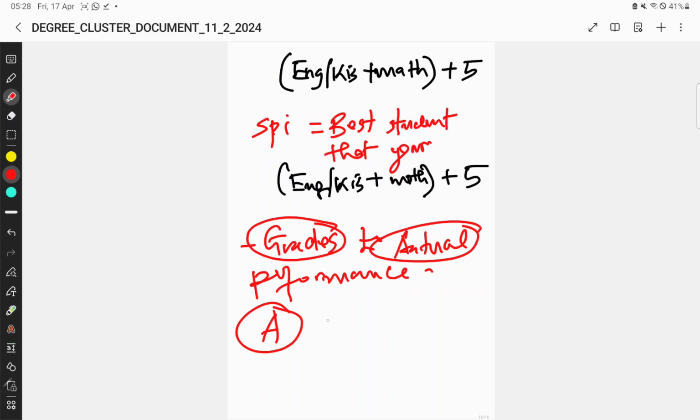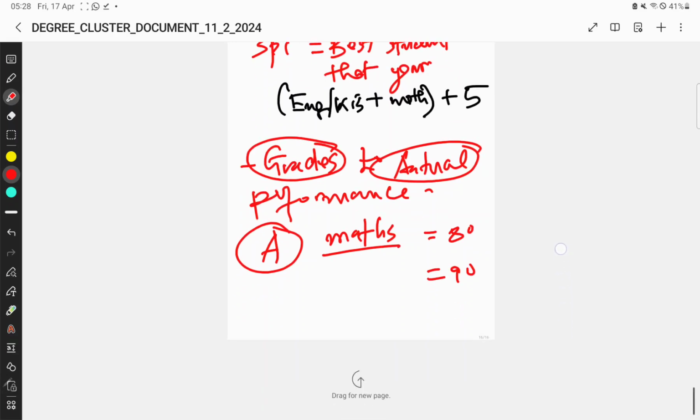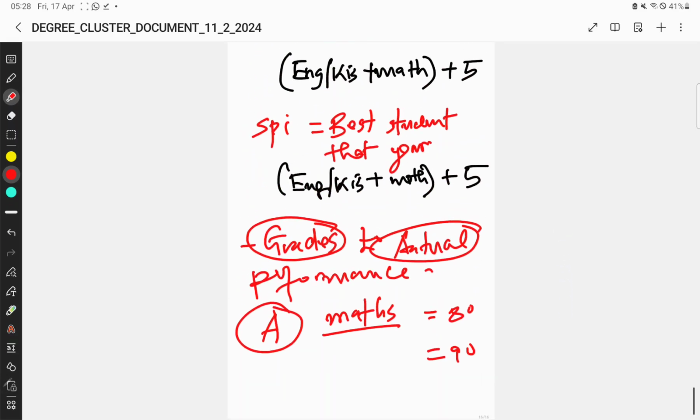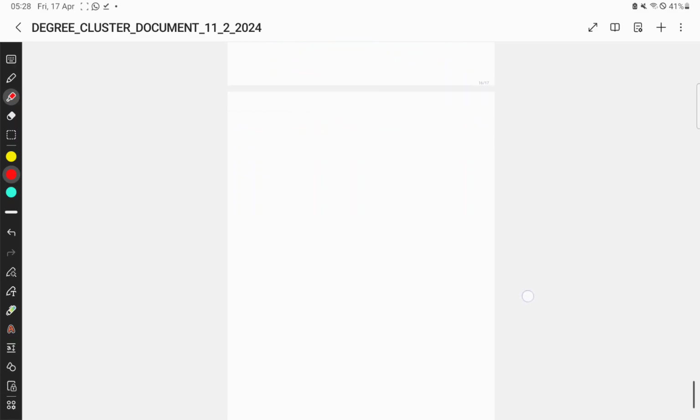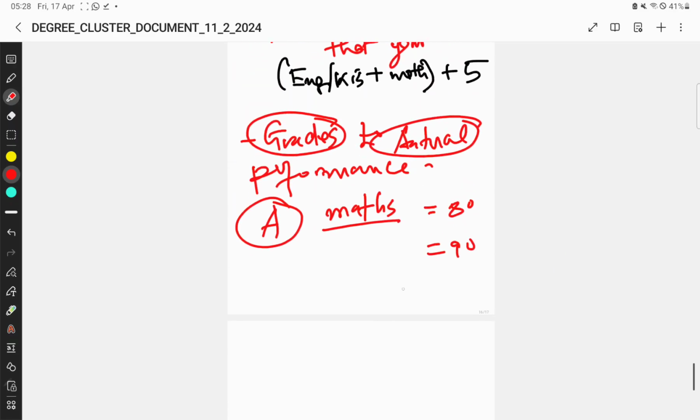So let's say if you have scored that A in mathematics, now that, say, math is the cluster subject, and you have scored 80 marks, and another student in math has scored 90, and the best student that year in mathematics has, let's say, 94.